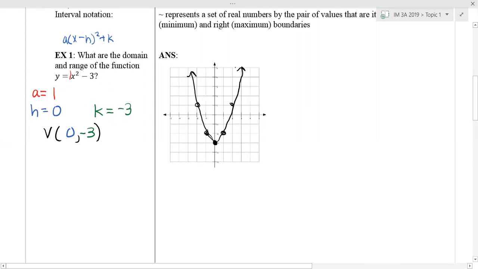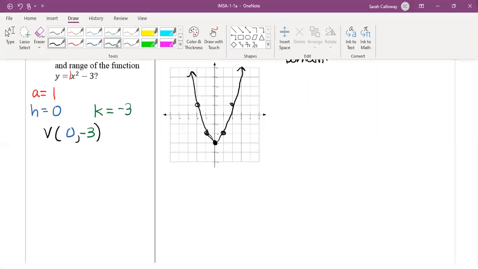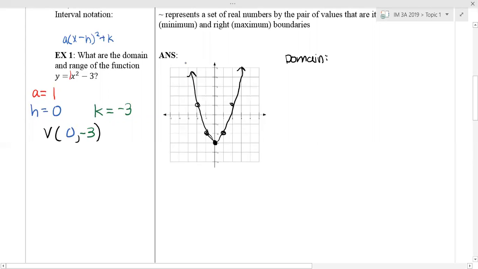So if we are identifying the domain of the function, what we're looking at is what are all the possible x values from left to right. If my graph is continuous on the left, that means that it's approaching -infinity.